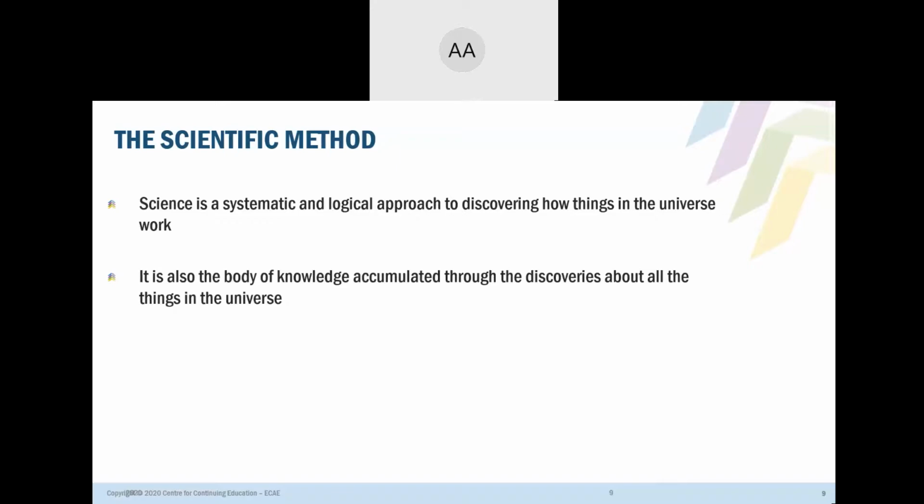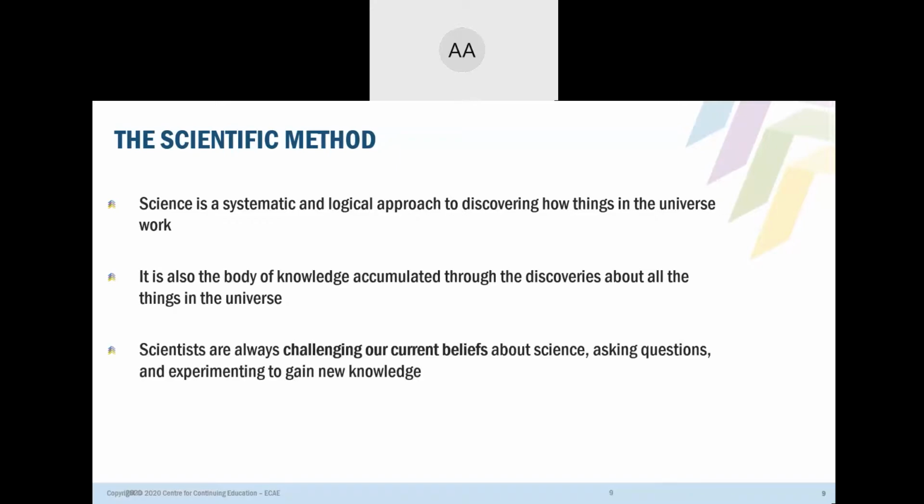This is how we make discoveries about things in our entire universe. And it's something that scientists continually use to challenge our current beliefs, to think about progress, to build on ideas that have come before, asking questions, experimenting to gain new knowledge. And then we have to ask ourselves the question, as scientists, as chemistry teachers, why is the scientific method needed?